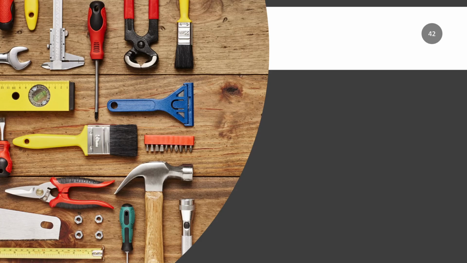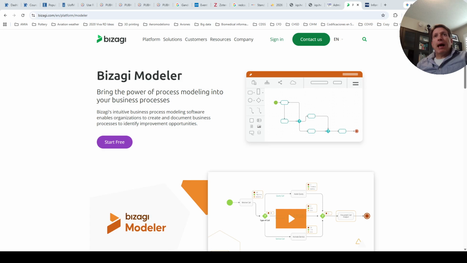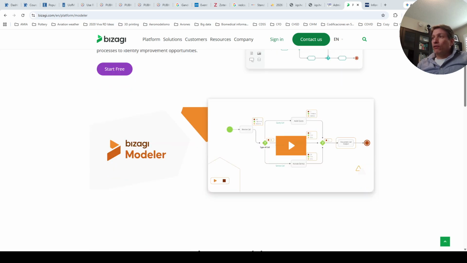Then in this domain, there are several tools that we can look at and explore. One of those tools is called Visagi Modeler. It's an interesting tool that I have used in the past that allows you to graphically describe the models. And Visagi Modeler you can actually access for free.